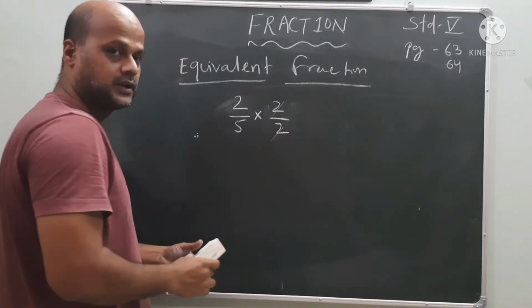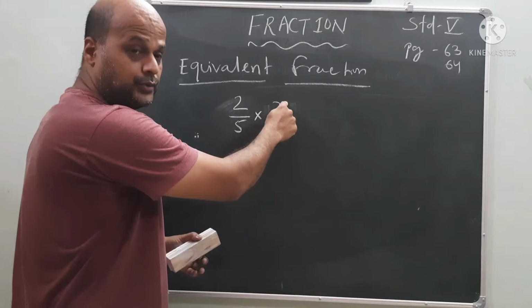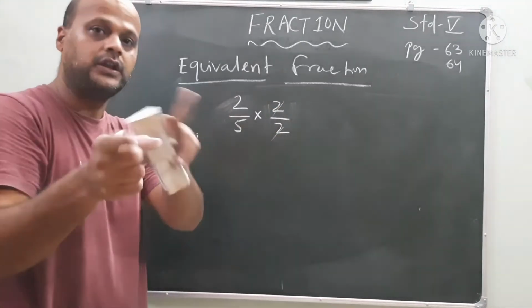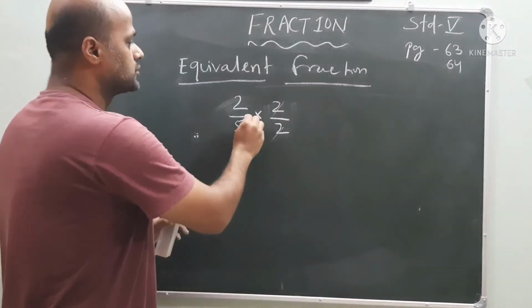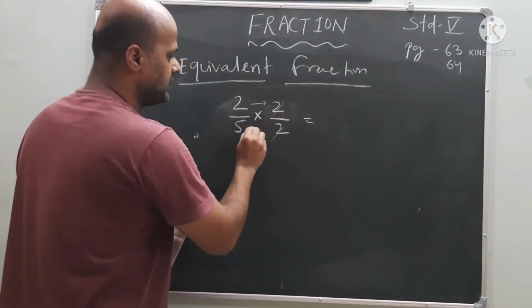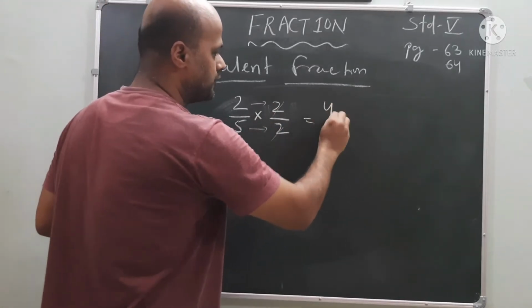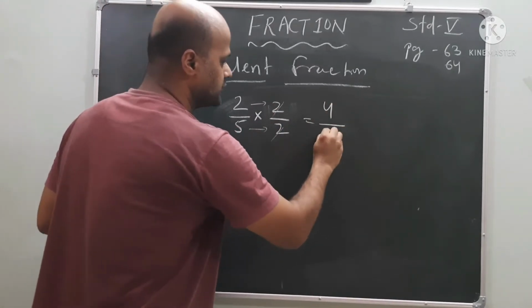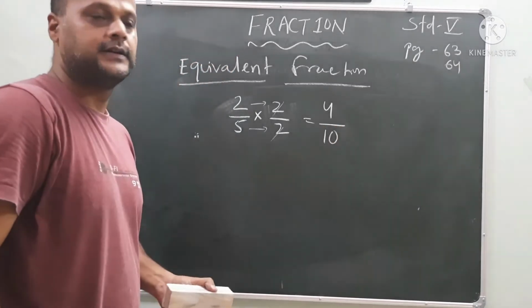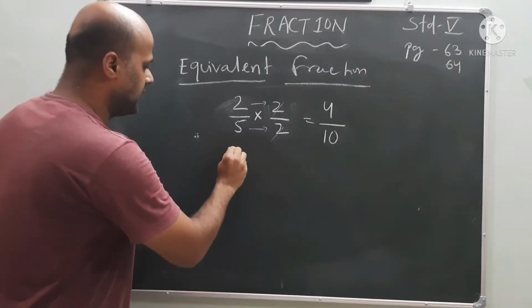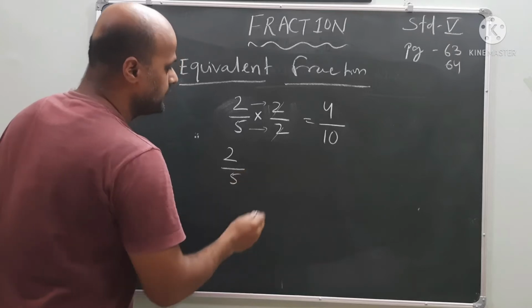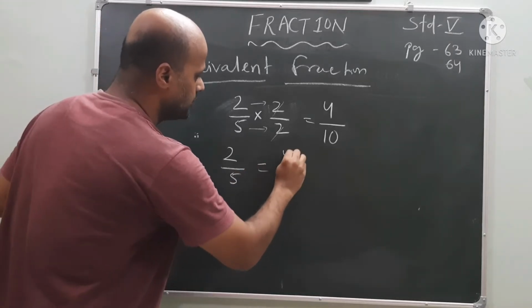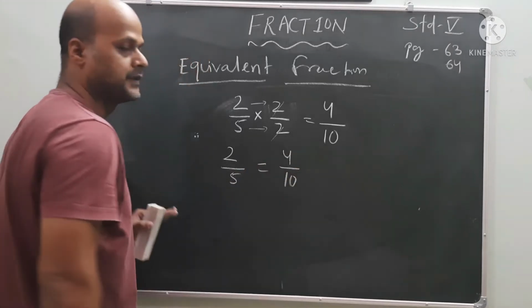To get 1, the same numerator and same denominator are divided by each other. You have to multiply like this: 2 2s are 4 and 5 2s are 10. So I will say that the equivalent fraction of 2 by 5 is 4 by 10.